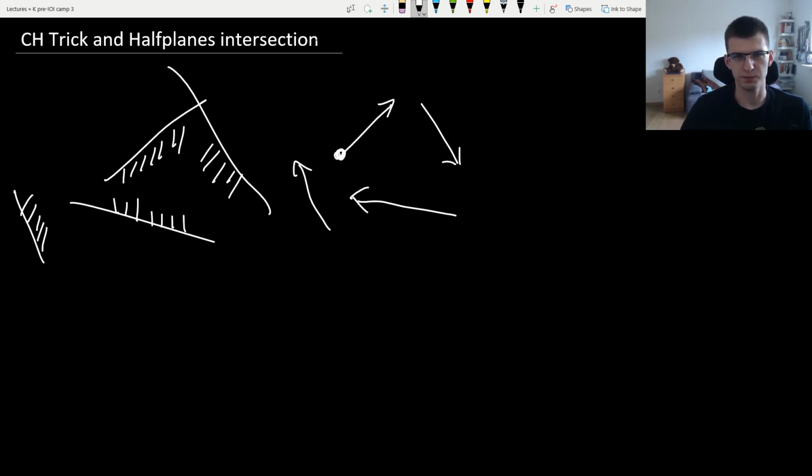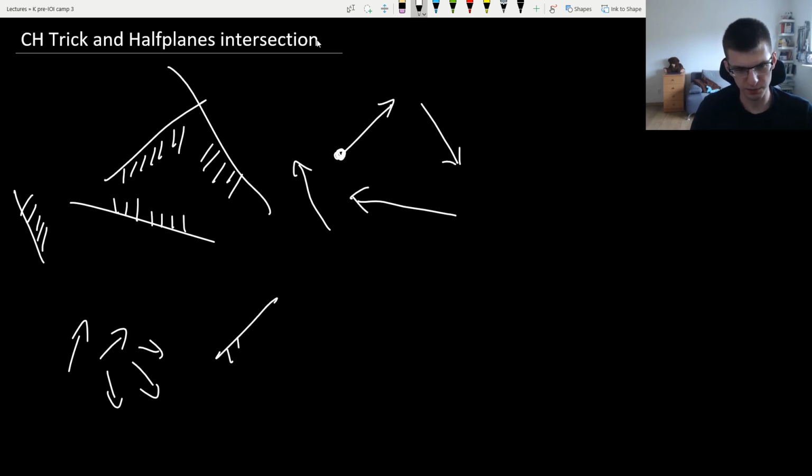How to do half-planes intersection? We should split the lines. We now have vectors. Let's split vectors into two parts: those that go to the right, like that, and those that go to the left. This way, the set of those that go to the right represents half-planes that limit us from above.